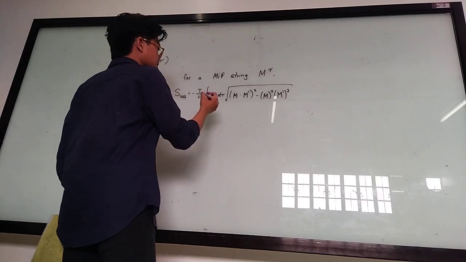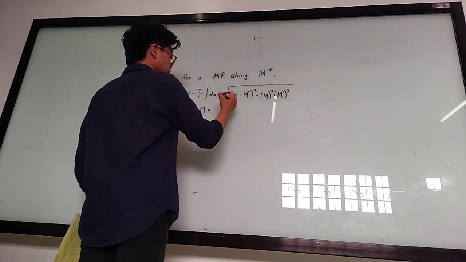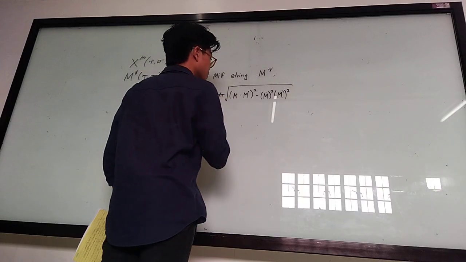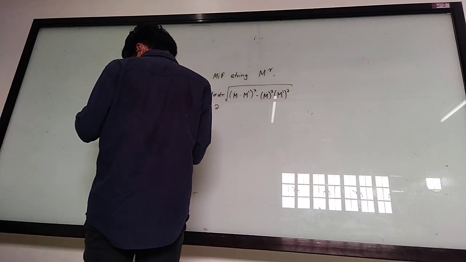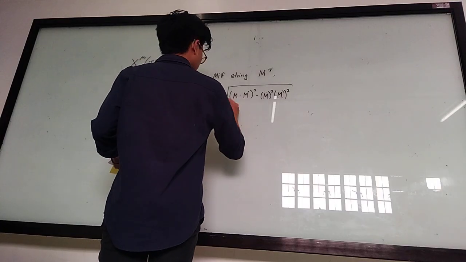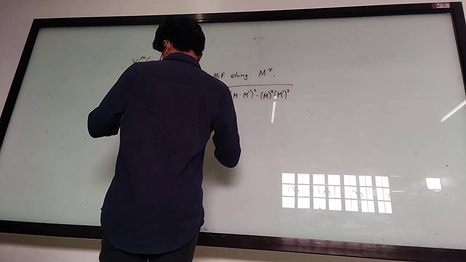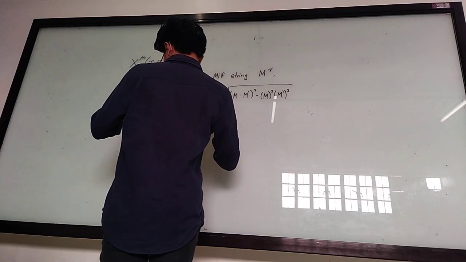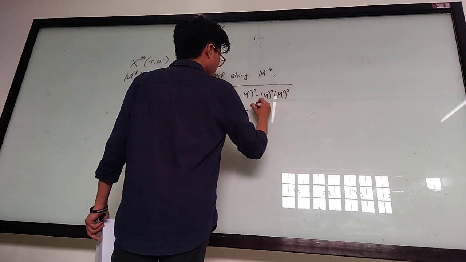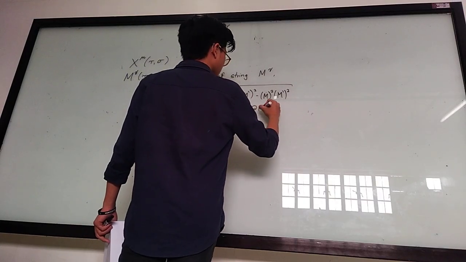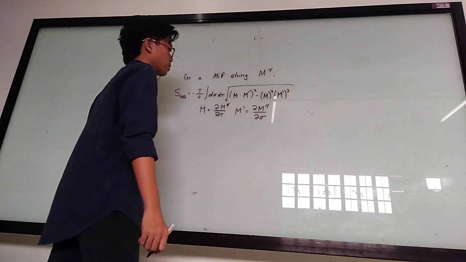Wherein my M dot is meant to be what the previous notation was, dM^gamma by d tau, and my M prime is supposed to be dM^gamma by d sigma.